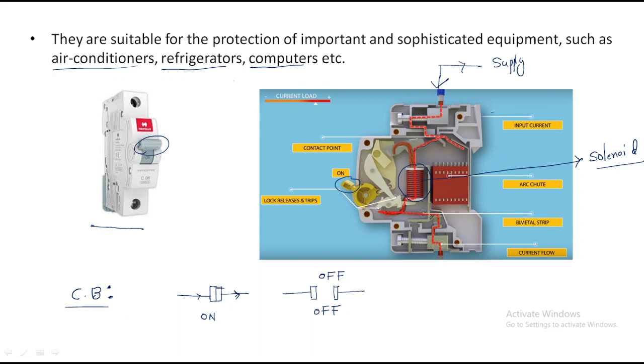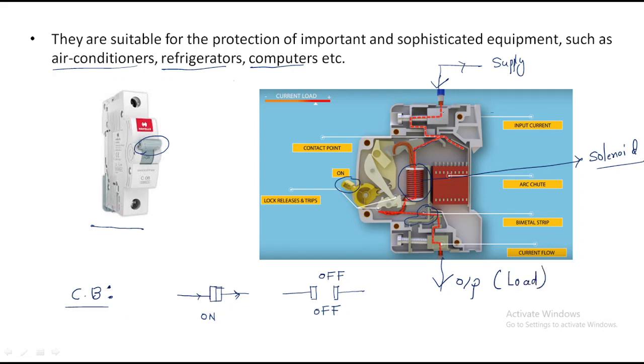Look here, this is the bimetallic strip actually. From the bimetallic strip, the current goes outside through this output point. From the main supply, it will supply to the output, meaning it will supply to our required loads.